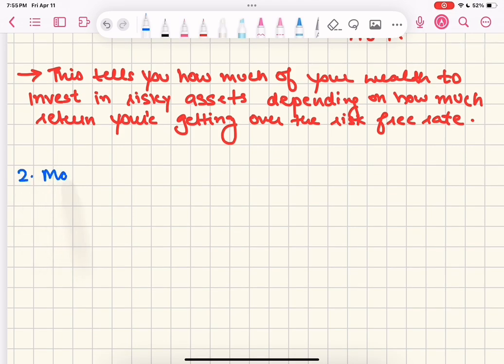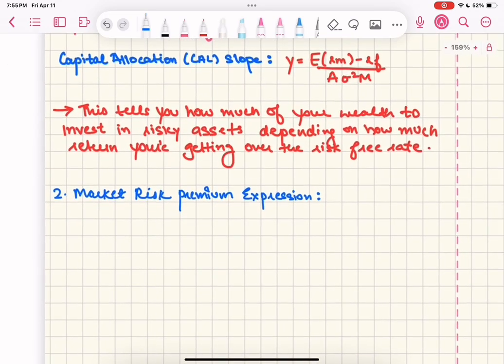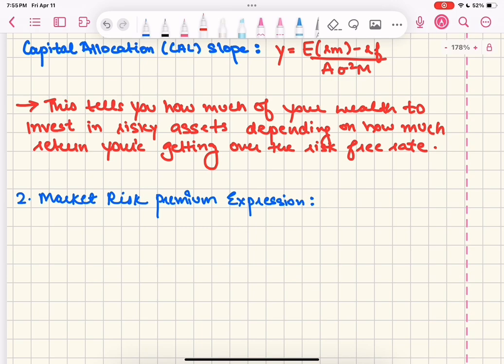And now let's talk about the market risk premium expression. So let's rearrange the formula to get this. This is basically the same one, but it's now rearranged.